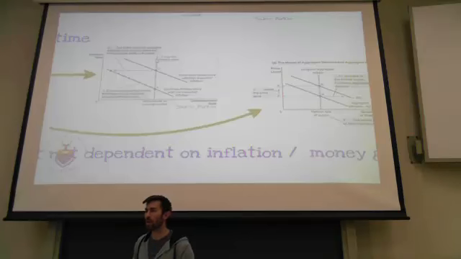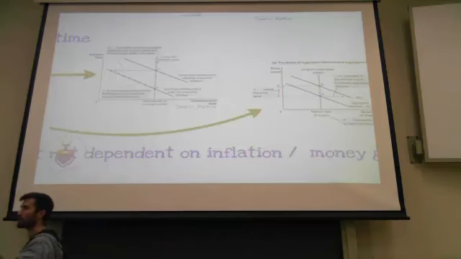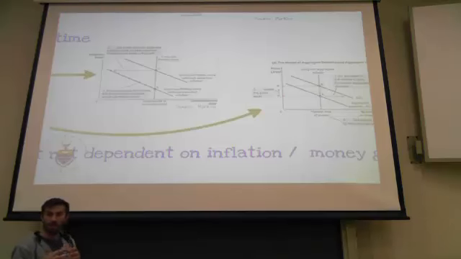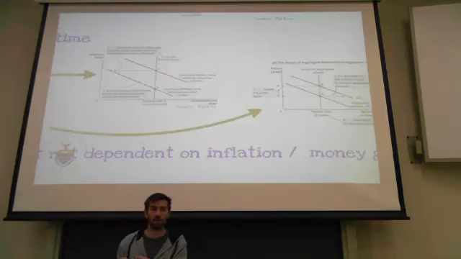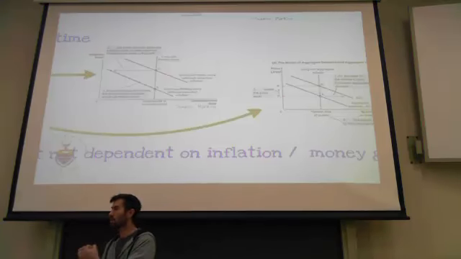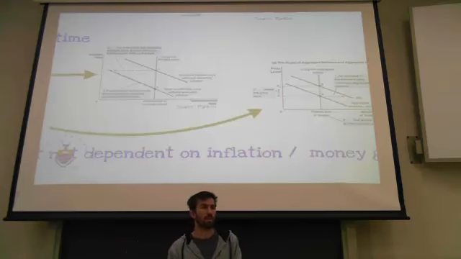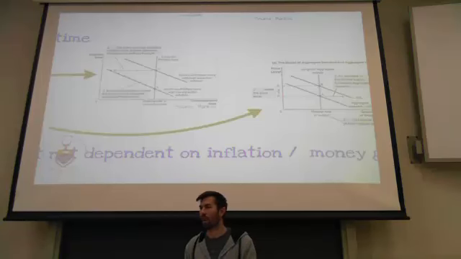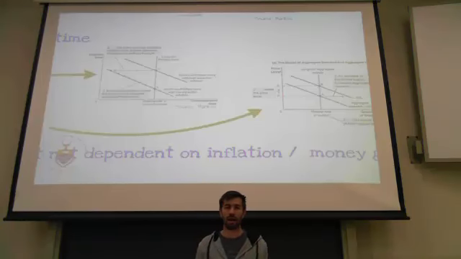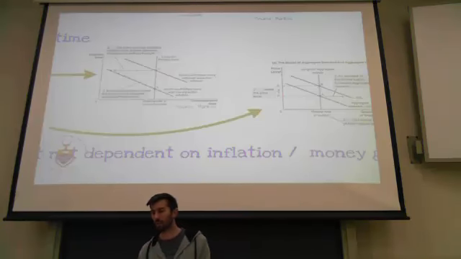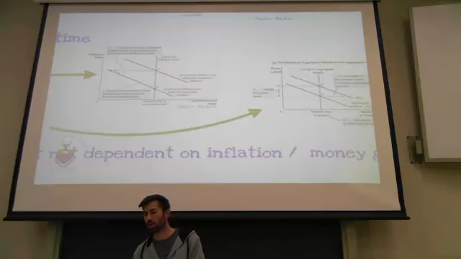The amount of output we can produce is dependent on the amount of input, how much resources we have available for us to use. Doesn't matter what the price level does, it doesn't change the amount of stuff we have to use, so it doesn't change the amount of stuff we can produce. So it doesn't change the full employment level of employment. It doesn't change the full employment level of output. It doesn't change the natural rate of unemployment. And so we have a long-run vertical Phillips curve.